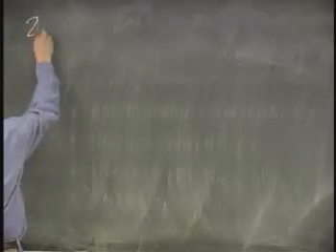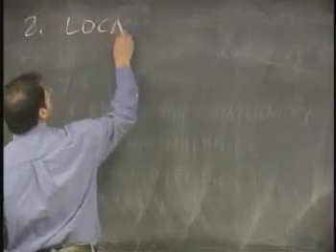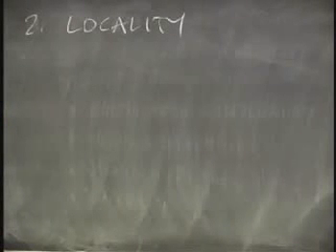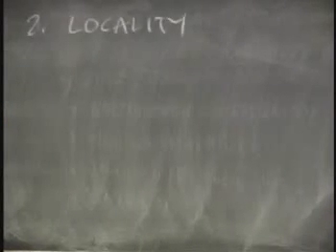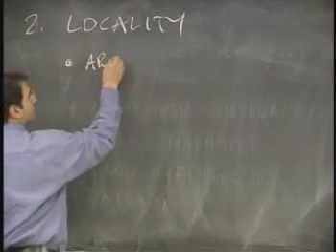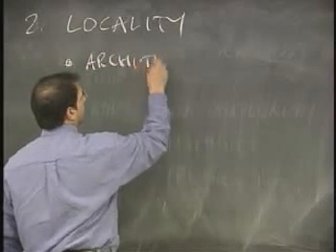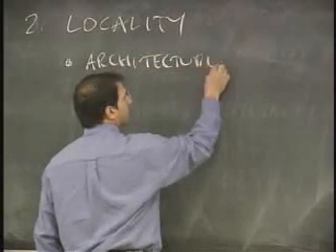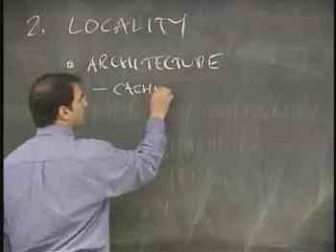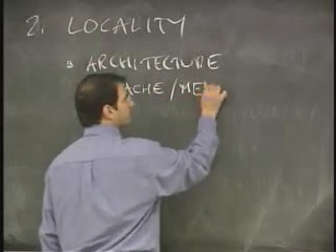Big idea number 2, locality. Another huge, huge, wide-reaching idea. It appears in architecture, in the guise of memory systems. This is computer architecture, that is the design of computers, caches, and memory systems.